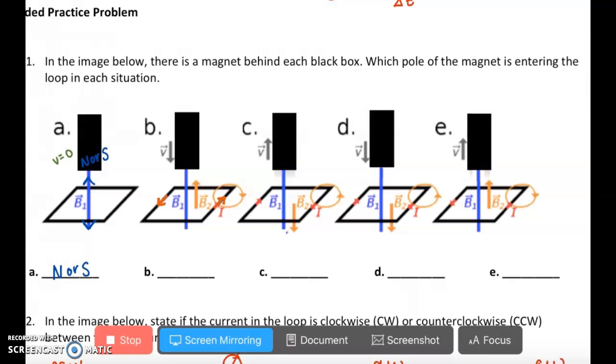And I've induced it such that when you use the curl right-hand rule, you find that inside the loop, there's this magnetic field pointing upwards. I must have been trying to compensate for something. What could I have been compensating for by creating an upwards magnetic field? Well, I must have been compensating for gaining some downwardsness.